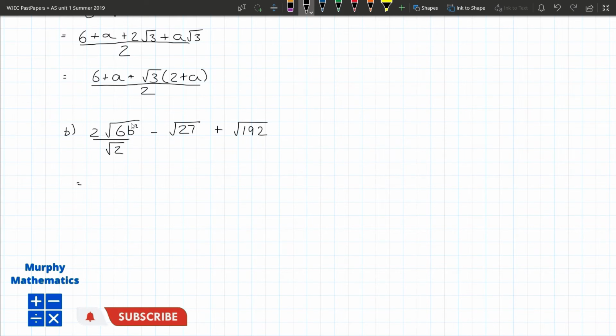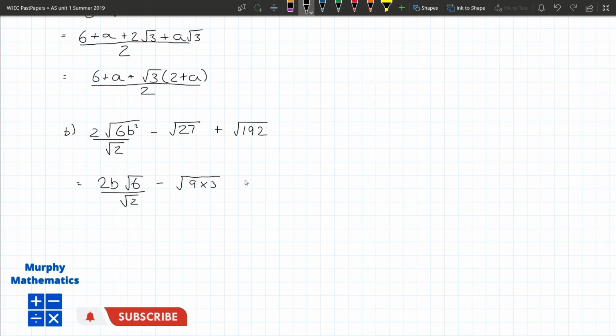So I can take out b squared. If I take out b squared, I'm just going to have b. So I'll have 2b root 6 all over root 2. Okay, so I've got minus root 27. And I know 27 can be split between 9 and 3, so 9 times 3 is 27, and I know 9 is a square number, so I can take that out of my surd.